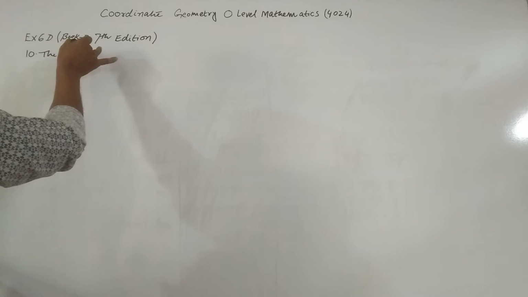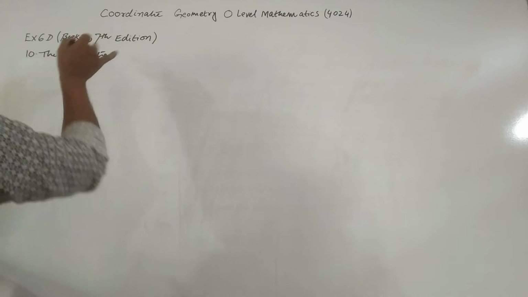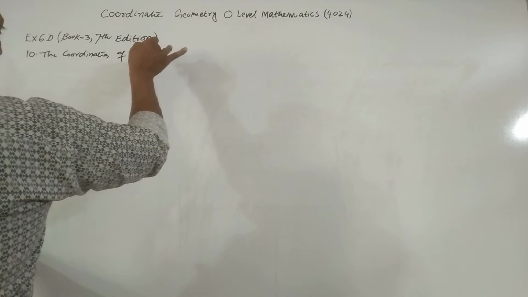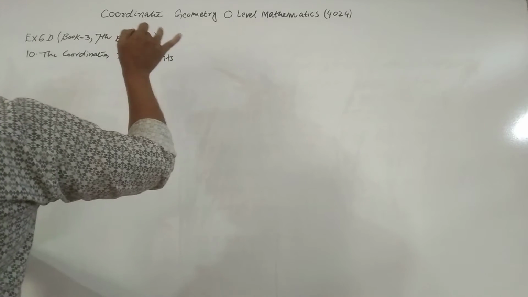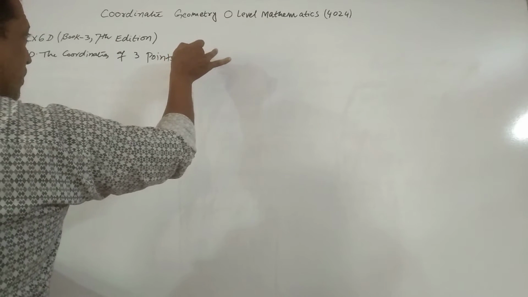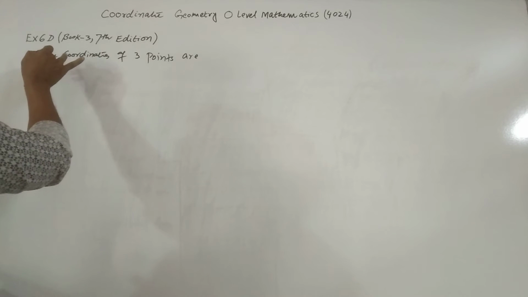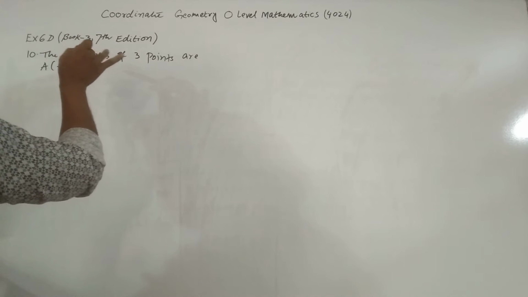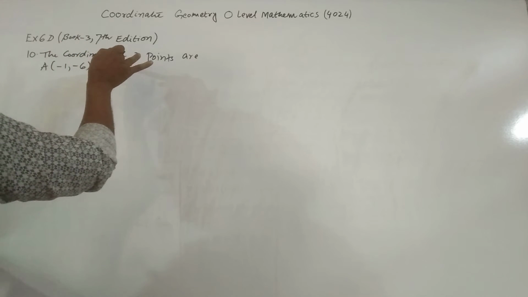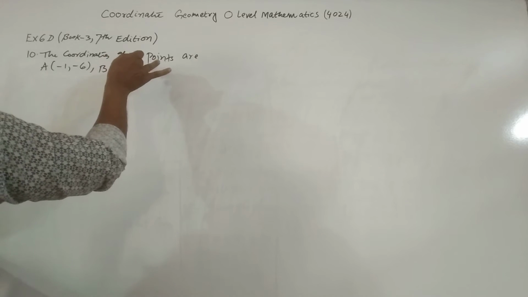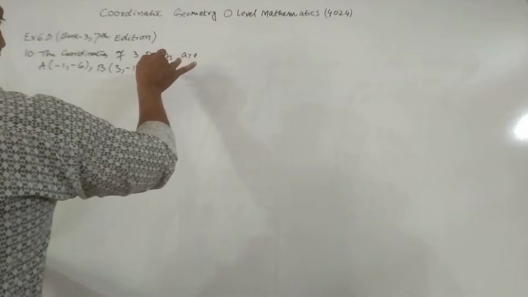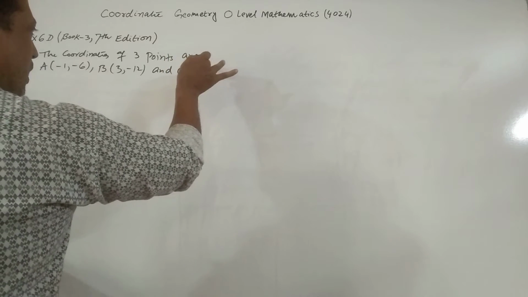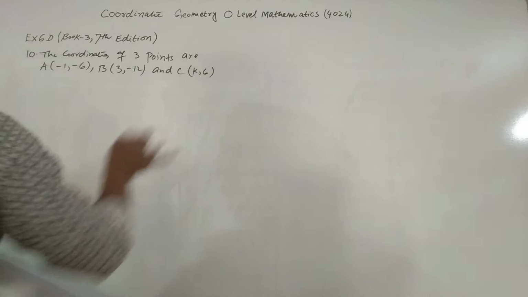The coordinates of 3 points are A (-1, -6), B (3, -12), and C (k, 6).